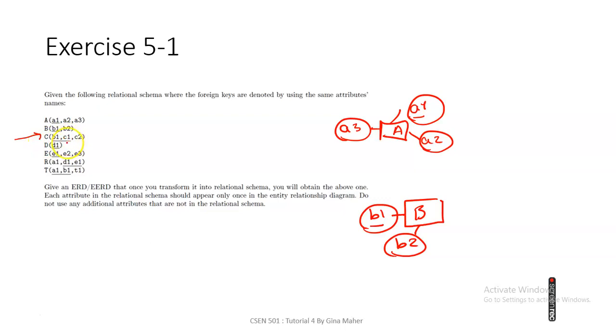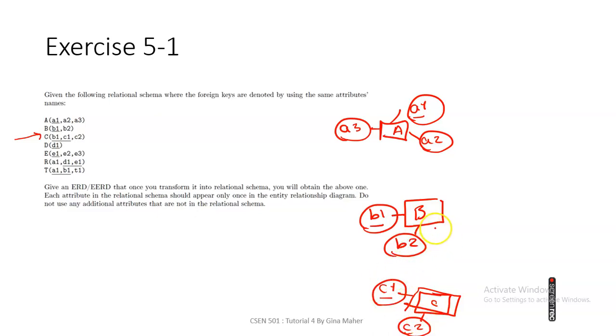However, C1 alone is not enough to identify this entity, which means that C is a weak entity to B. So in this case, you will have C as a weak entity with C1 and C2.